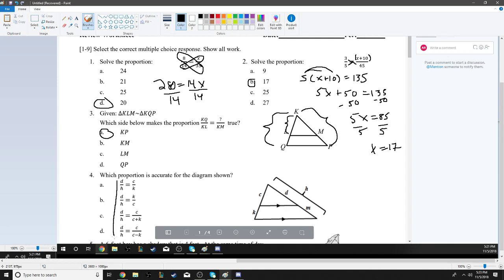So all of these on the left side are D over H. So D would be short side, or top, over the entire thing. So this one over here needs to be top over the entire thing. And the entire thing would be C and K together, or C plus K.